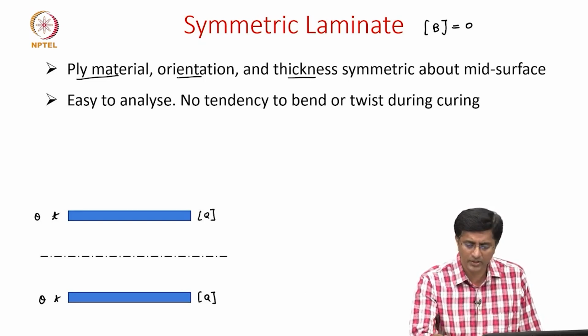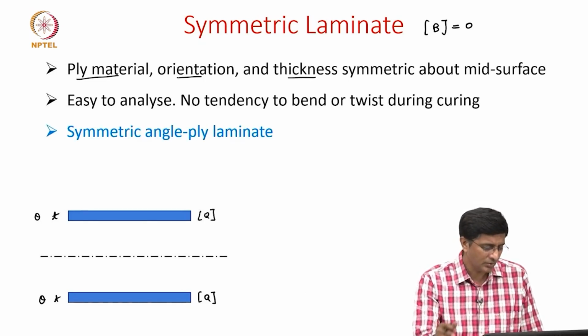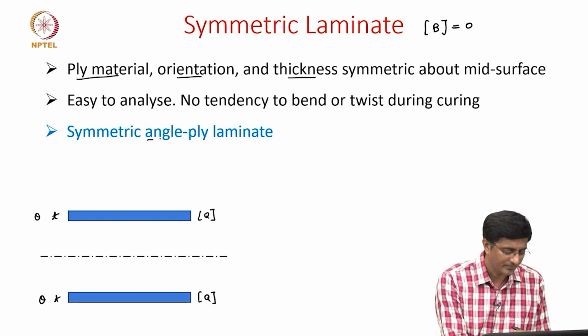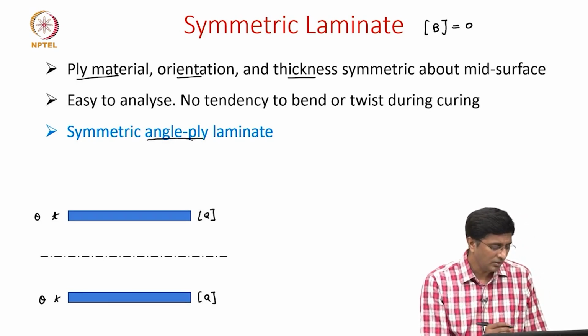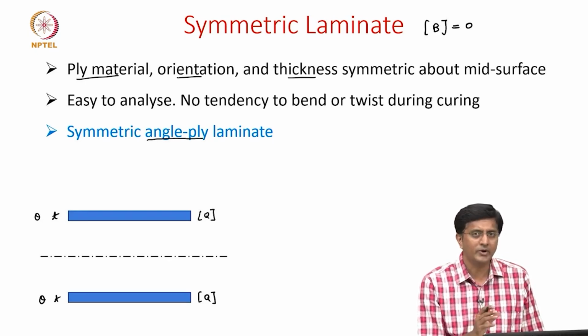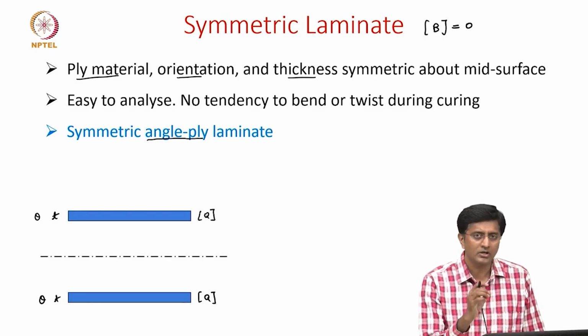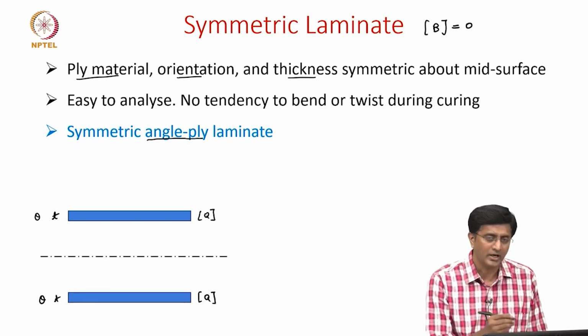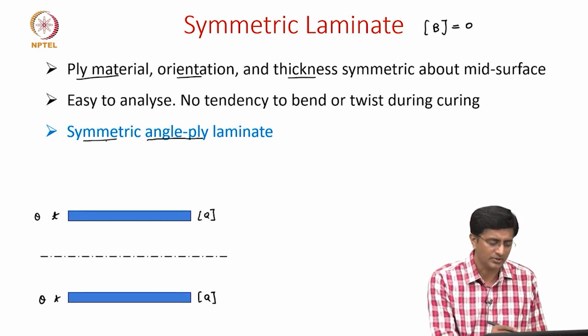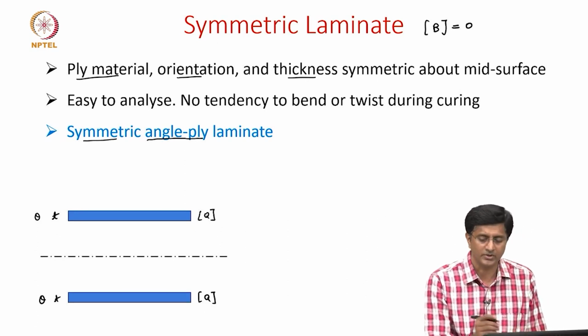The reason why we are looking at this here is to discuss it in the context of angle-ply laminate. So now let's see what we term a symmetric angle-ply laminate. Angle-ply, as we already mentioned, is made up of either theta or minus theta. And the additional condition we now have is that it should be symmetric. So let's see with an example.